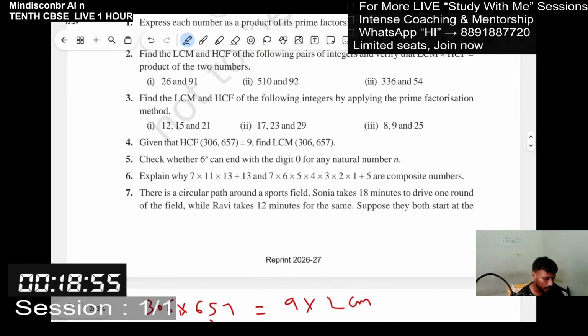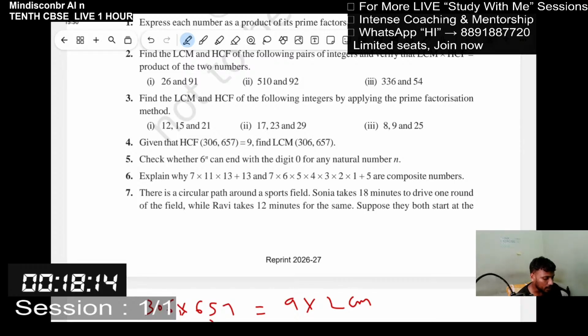Next question. Check whether 6 raised to n can end with the digit 0 for any natural number n. We can check it roughly.